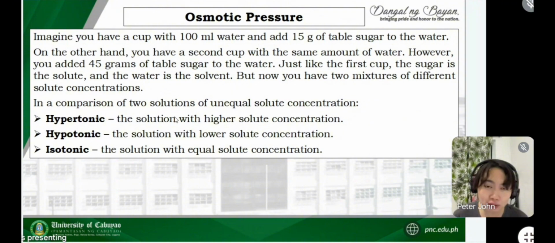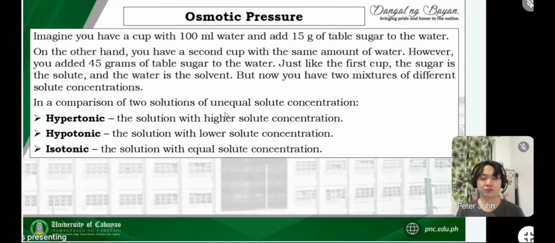So, that's why we have these three types. We have the hypertonic, hypotonic, and isotonic. For hypertonic solution, ang movement is from less concentrated solution into more concentrated solution. So, yun lang po.